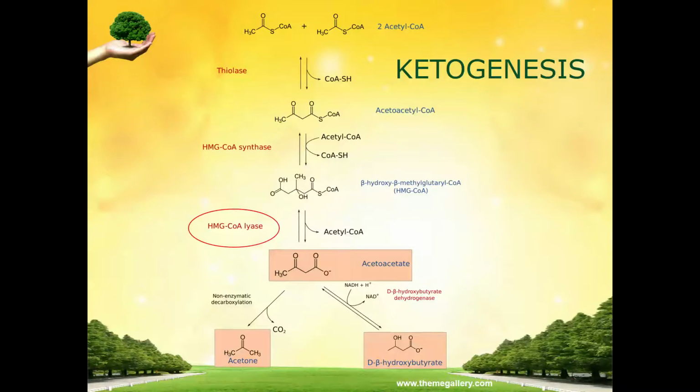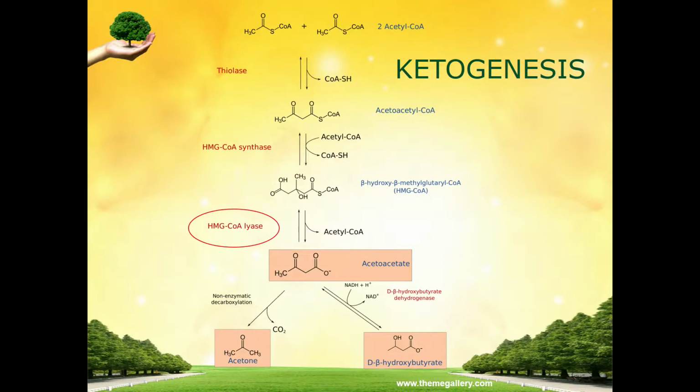In this case, we were talking about ketogenesis, the synthesis of ketone bodies. If an enzyme of this pathway stops working, or works worse, for example HMG-CoA lyase, two things can happen.